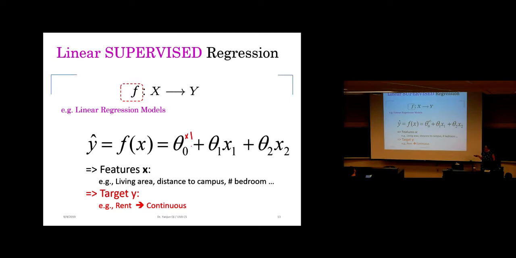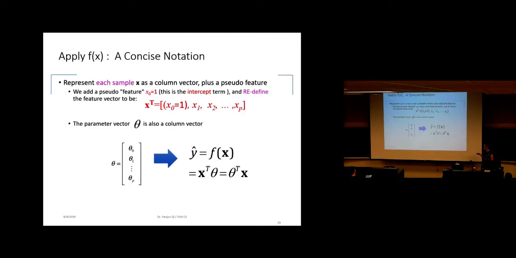Then the new x is 1, x1, x2, up to xp. And then I can write my f(x) function as x transpose theta or theta transpose x. Any questions about this? There are actually a lot of questions that can be asked, and this is a fundamental move.